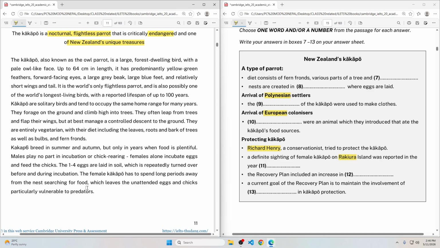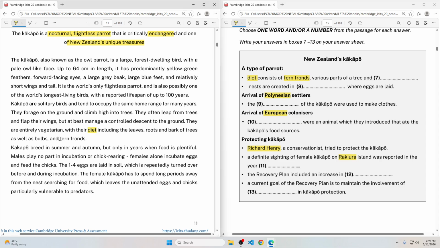And for the first paragraph, we are going to search for diet or something related to food. Fawn fronts, it sounds like the name of a plant. So we are going to search for these two things. Do not try to understand any meaning in the first paragraph. We are searching for diet and fawn front.